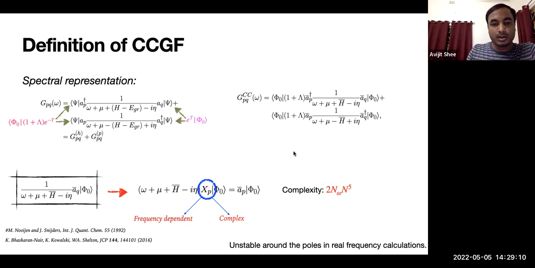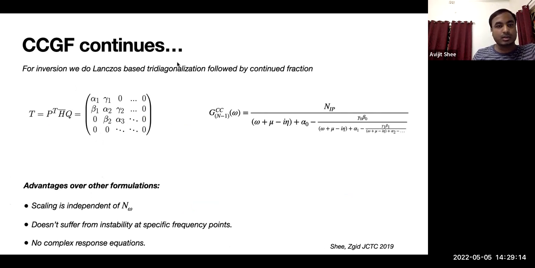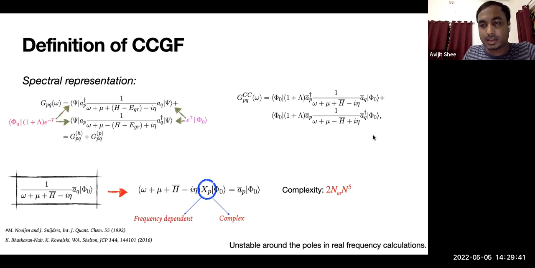So we wanted to improve upon that, and in order to do that, we took a Lanczos based tridiagonalization route, where we first express each element of the Green's function. Sorry, just a second. Let me get back here.